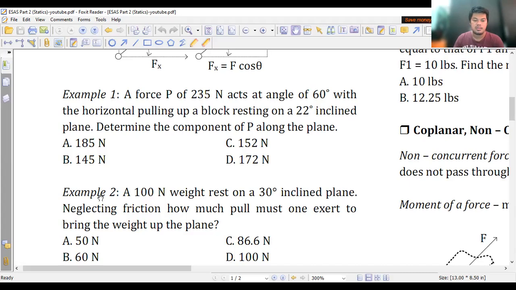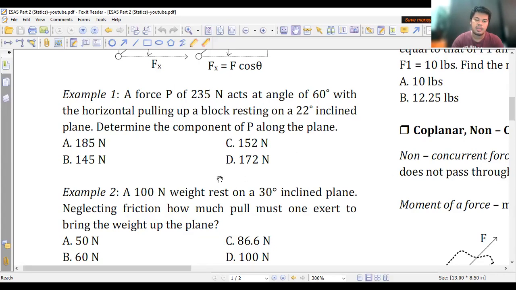One of the methods on how we approach worded problems like this is to draw what we call a free body diagram, or FBD. We will try to solve this problem, so let us get the data first of example number 1.